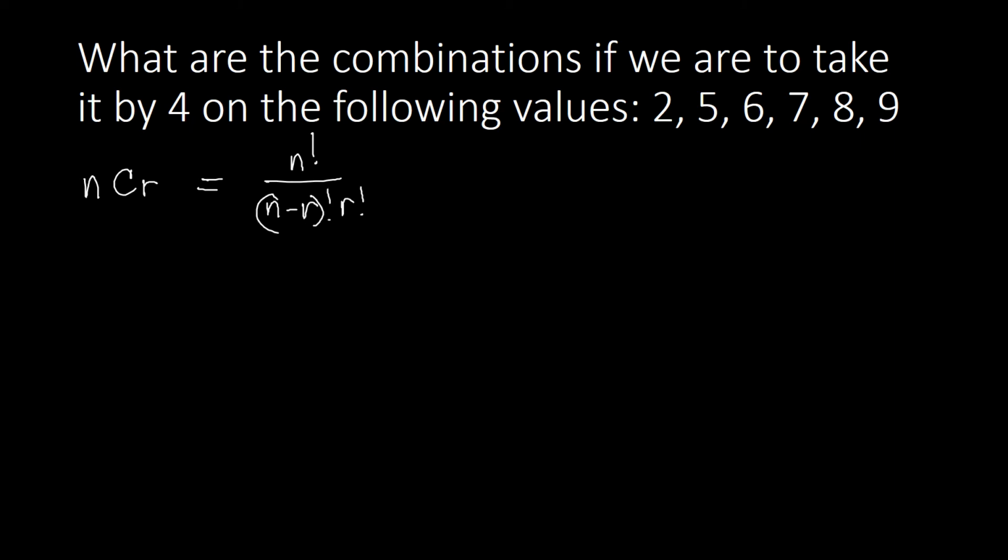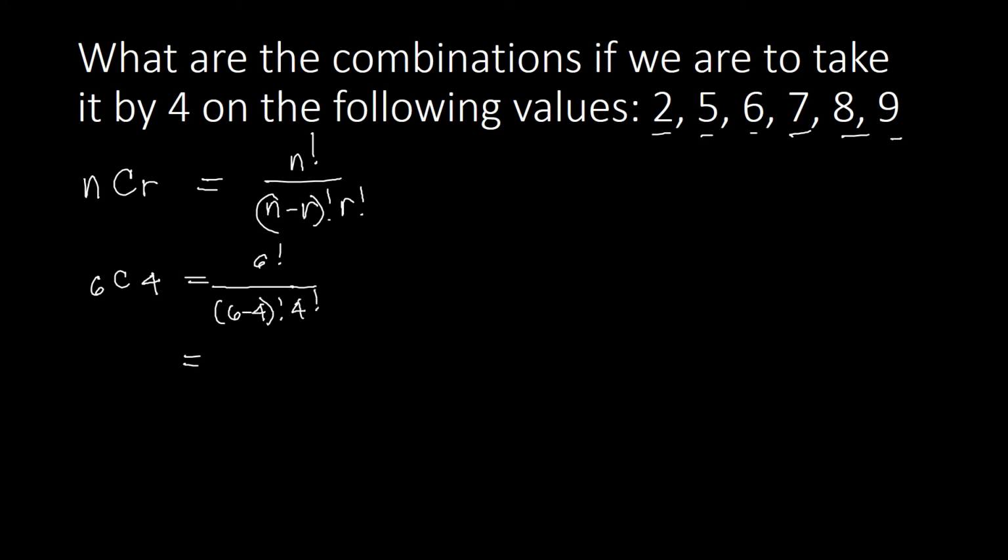Now, for you to get the value, we are to replace n by how many values there are. We have 2, 5, 6, 7, 8, 9, and that is 6. So 6, we are going to take 4 at a time, and that will be equal to 6 factorial over 6 minus 4 factorial times 4 factorial.